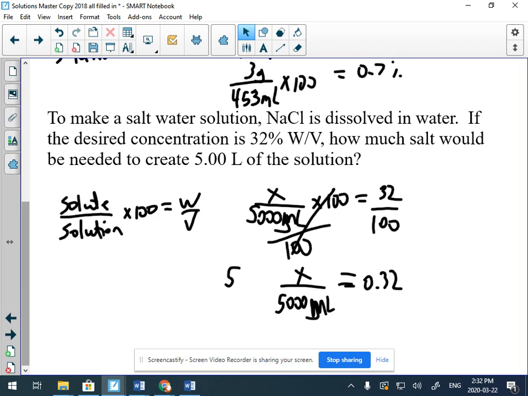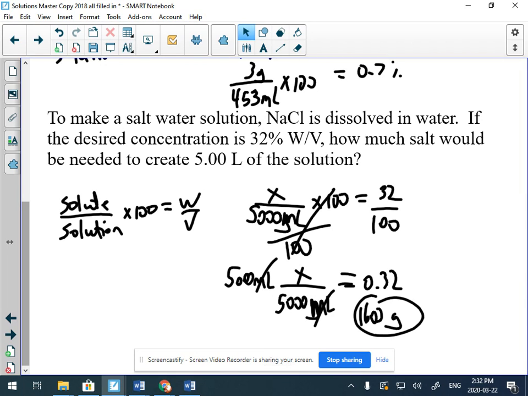Now I'm going to times both sides by 5,000 milliliters. Cancel out. So 0.32 times 5,000 gives me 1,600. Now, what unit is it? It's a weight volume question, so that's in grams. Had you kept everything in liters, that would now be in kilograms. You'd have 1.6 kilograms.